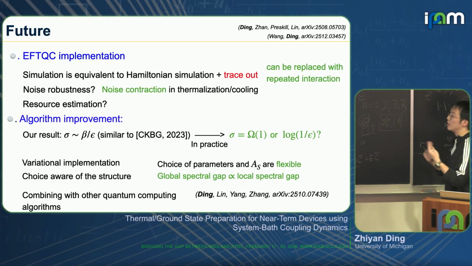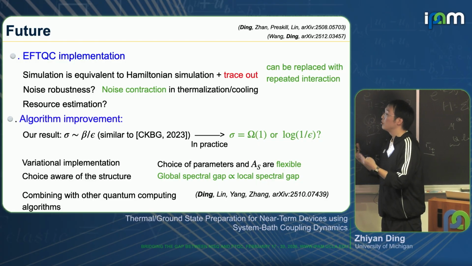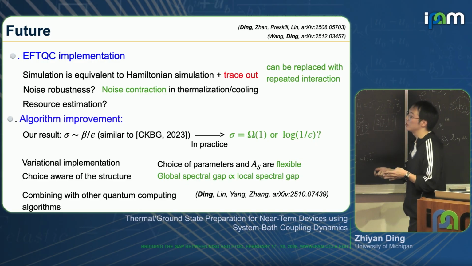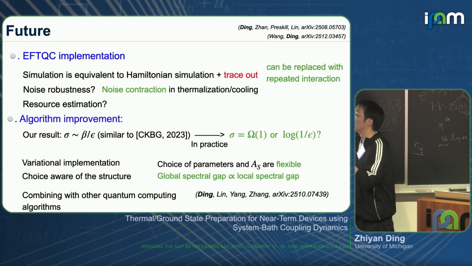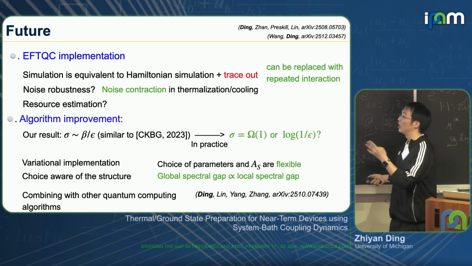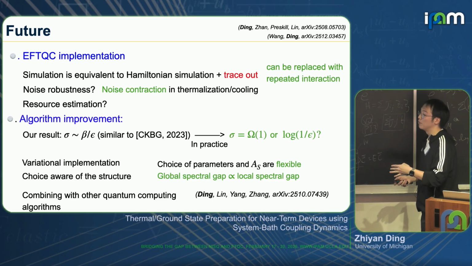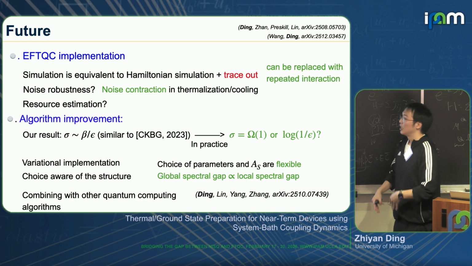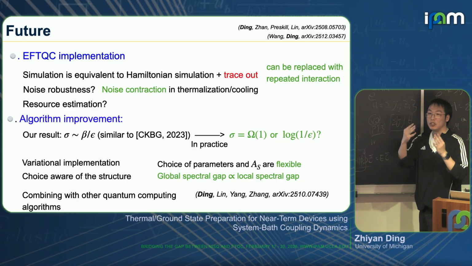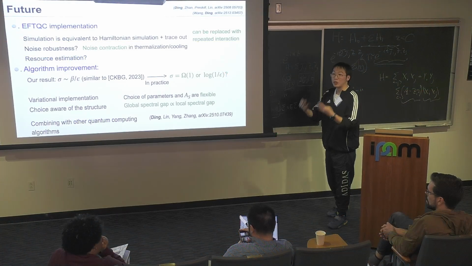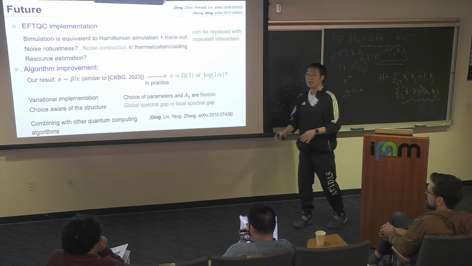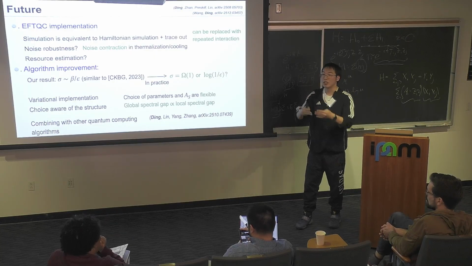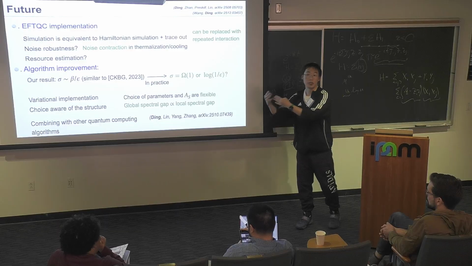One interesting future direction is that I do want to see some early fault-tolerant quantum computer implementations of my algorithm. As I emphasized many times, in each step I only need to do the Hamiltonian simulation plus trace out. This means the difficulty of my algorithm is almost the same as the Hamiltonian simulation.